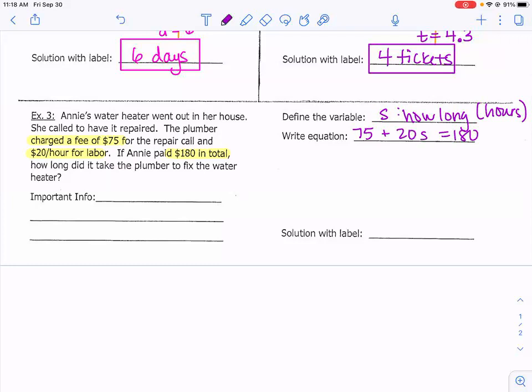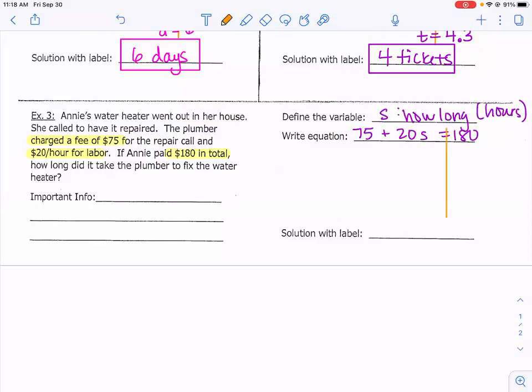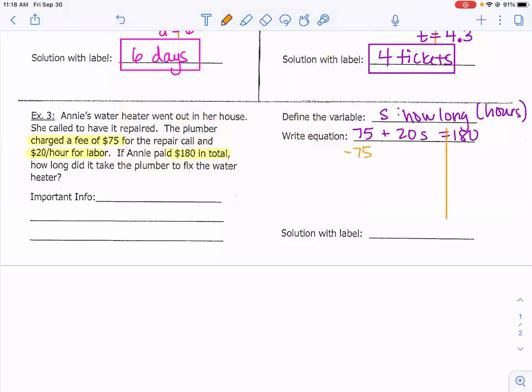So this should be your equation. Check it. Did you subtract 75 from both sides? So 20S equals 105, and some of you are like, oh no, because I know that 105 divided by 20 is not going to be an exact integer. That's okay. Did you get 5.25?